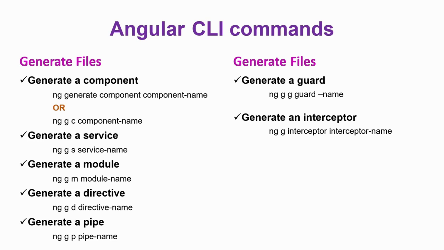Generate a guard. Suppose you want to create a guard, like ng generate guard, or ng g g and the guard name. Generate an interceptor. You want to create an interceptor, so at that time you have to write ng generate interceptor and its name.